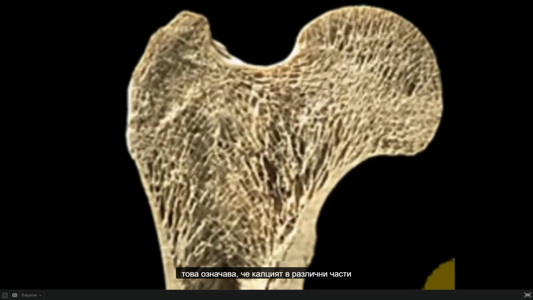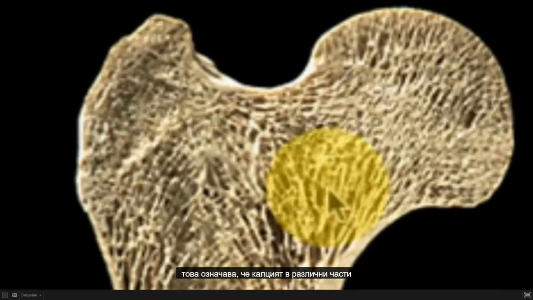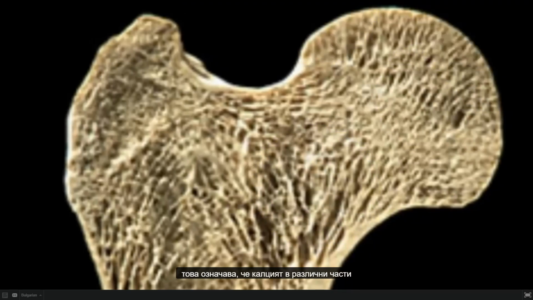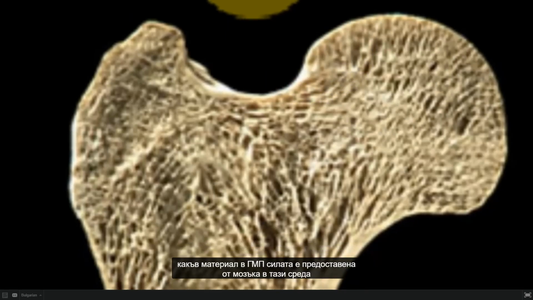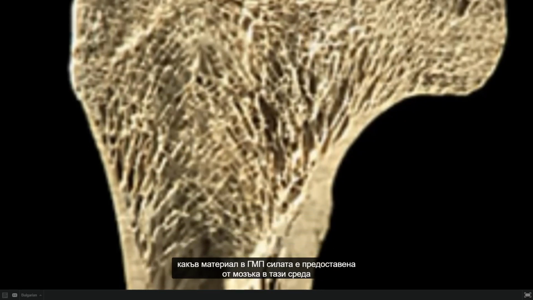What this means is that the calcium in different parts of the same bone has a different field strength that it can expand into. The sponginess of the same calcium, compared to the hardness of it in the middle, is created and dictated by what material and gravitational magnetic field strength have been made available by the brain in that environment.